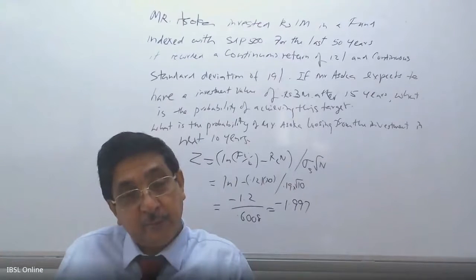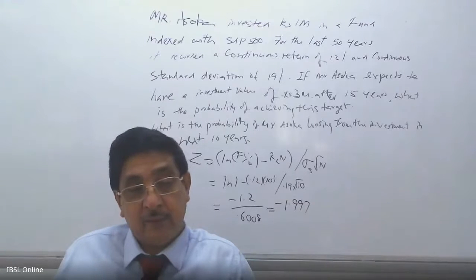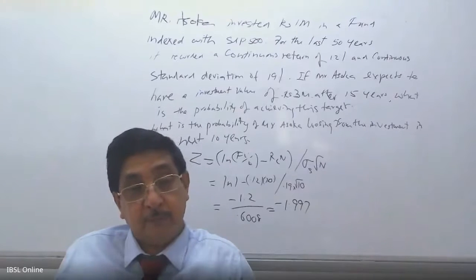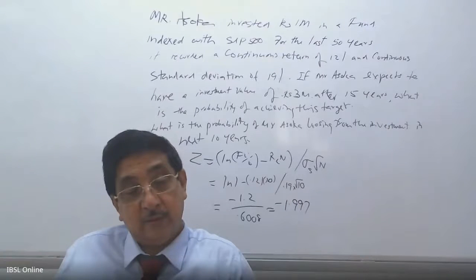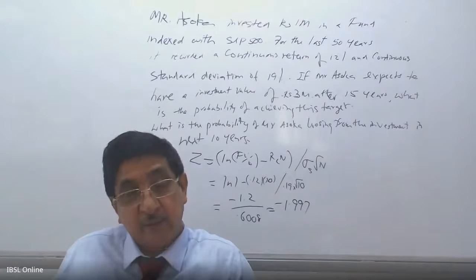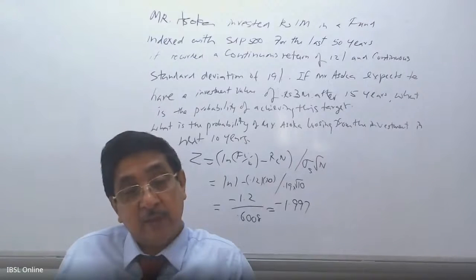Then we came to Sharpe's performance measure. Sharpe's measure is the risk premium divided by the total risk, or the standard deviation. Then we went into Treynor's measure.